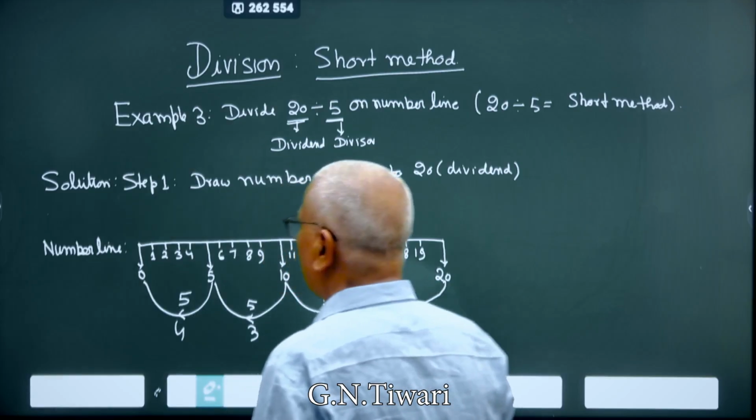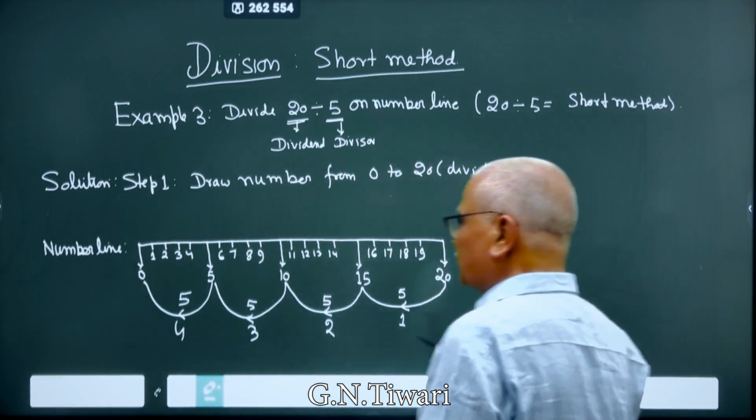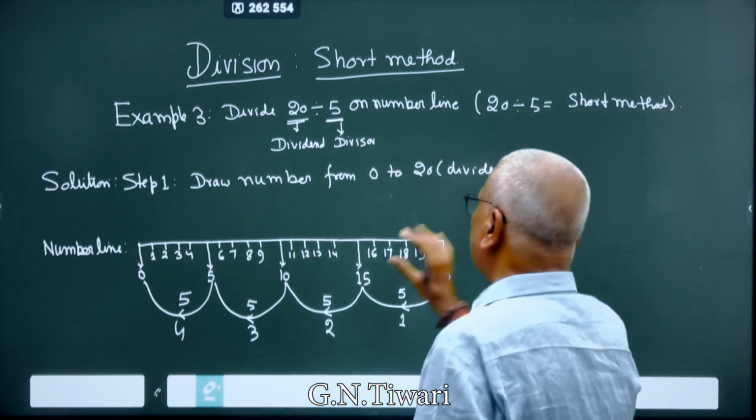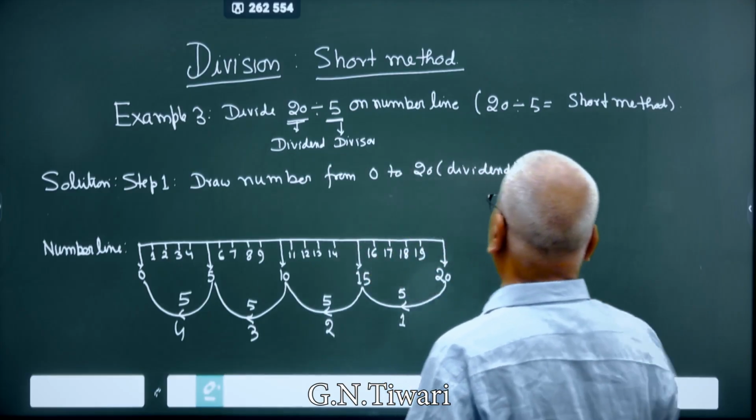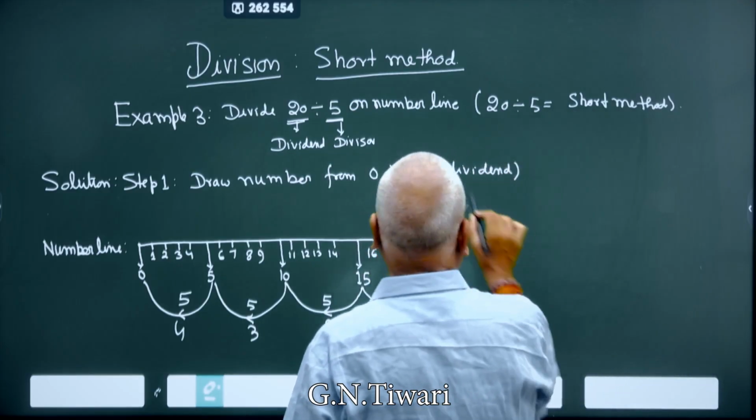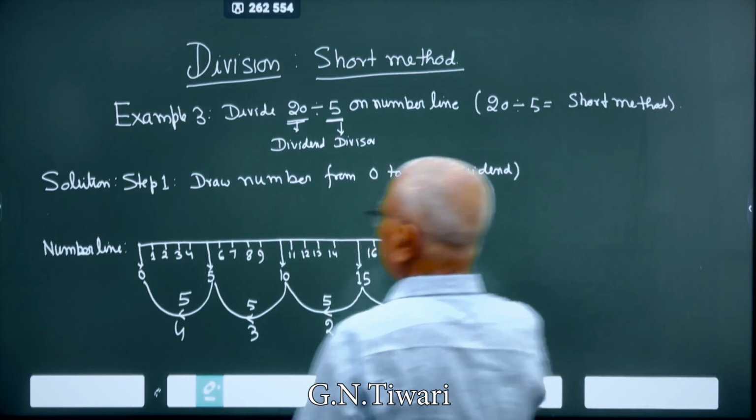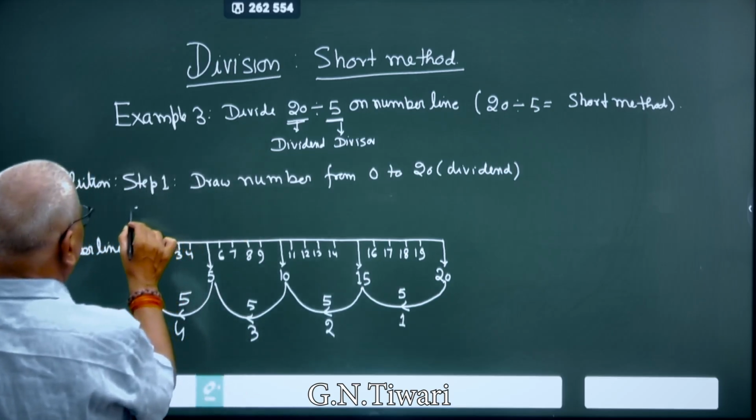So that means, if you just want to see how we have done it, stepwise I am writing. Step 1 is this. Now, number line from 0 to 20. Step 2 यहाँ पर मैं लिख रहा हूँ.